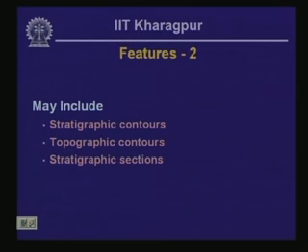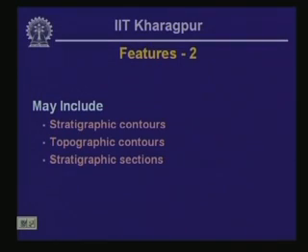Then it also may include topographic contours. Topographic contours are the contour lines or the lines through equal elevation points on the surface of the earth, and also stratigraphic sections, which are essentially vertical slices through selected locations across the map that is being considered.